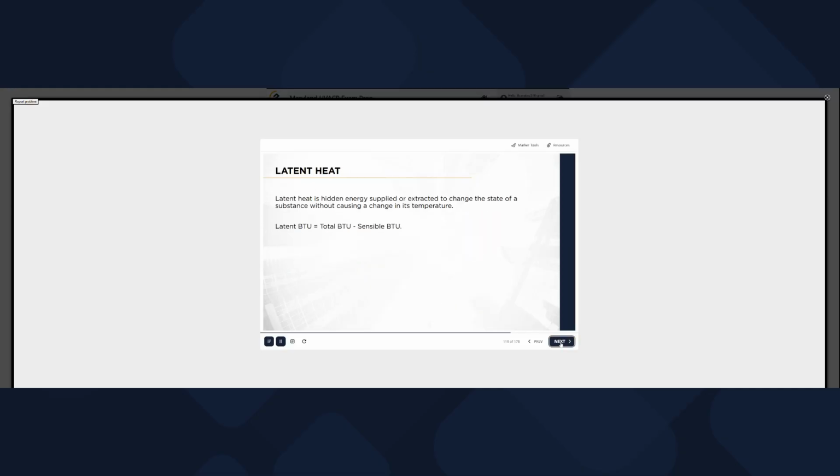Latent heat is hidden energy supplied or extracted to change the state of a substance without causing a change in its temperature. You can think of latent heat as hidden heat. A simple formula to find latent BTU is total BTU minus sensible BTU. Total heat, or enthalpy, is the internal energy plus the product of its pressure and volume.